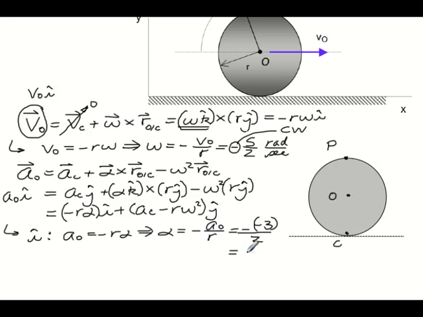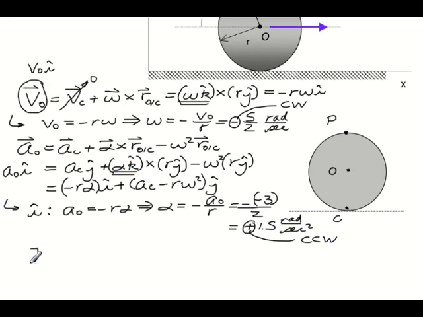So that ends up being a plus 1.5 radians per second squared. The plus sign, well, it just means that whenever I guessed positive K up here, I was right. And positive K means counterclockwise.